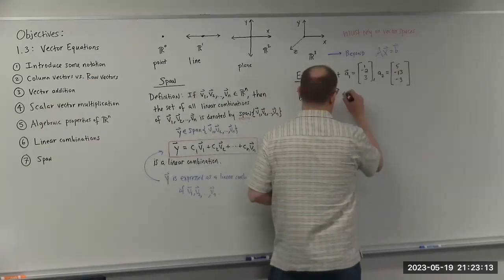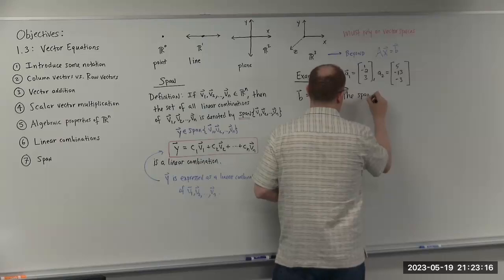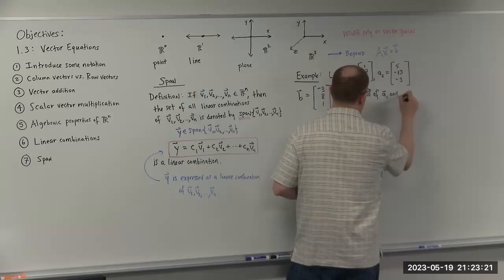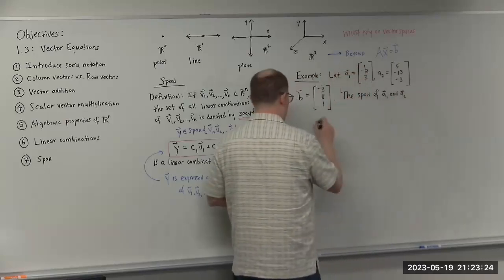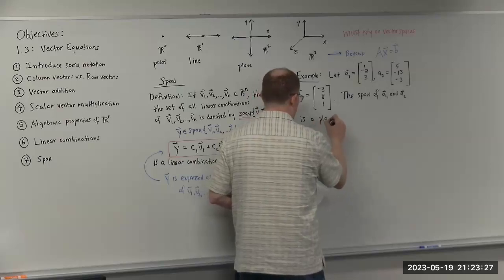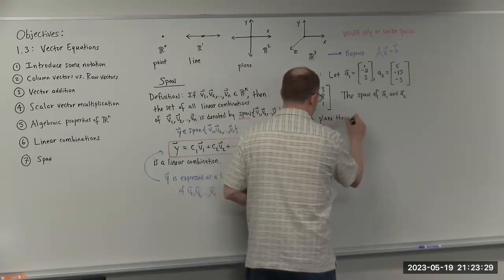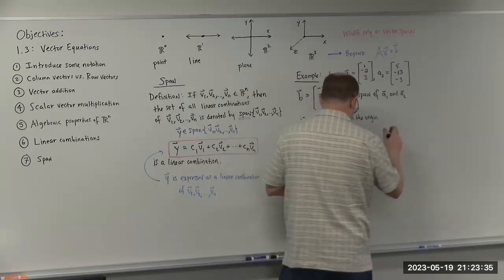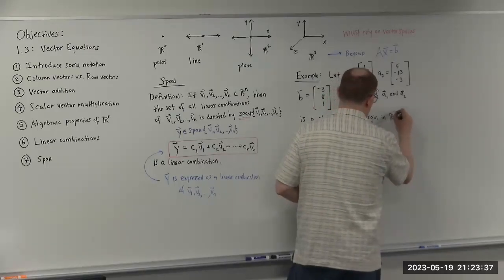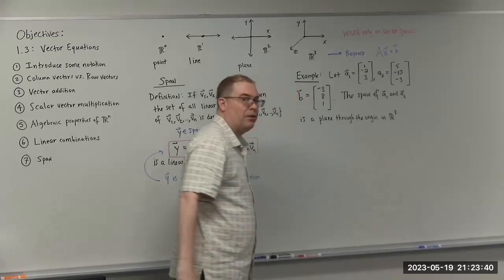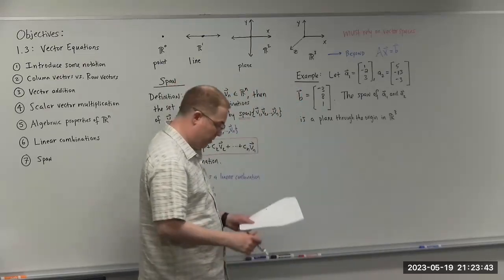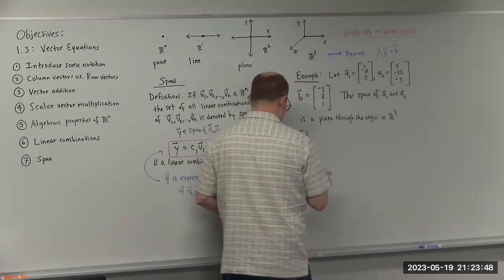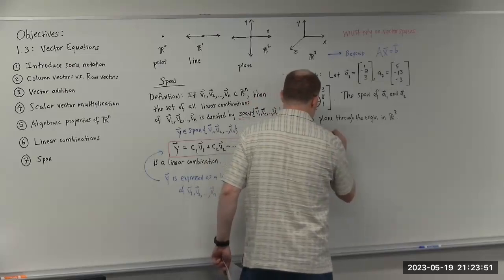So we can say that the span of A1 and A2 is basically a plane through the origin in R3. It's like you have a piece of paper in three dimensions, and that piece of paper is cutting through the origin. So the question is: is the vector B in that plane?